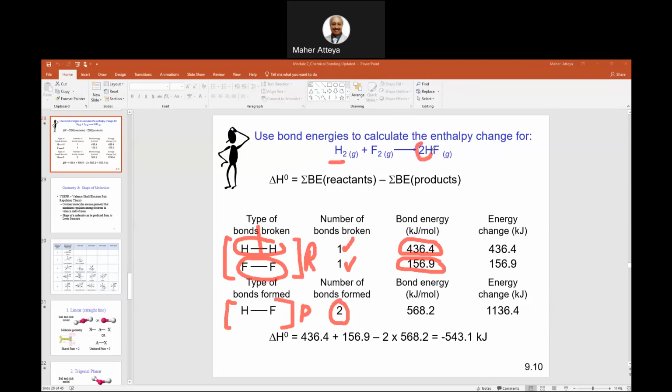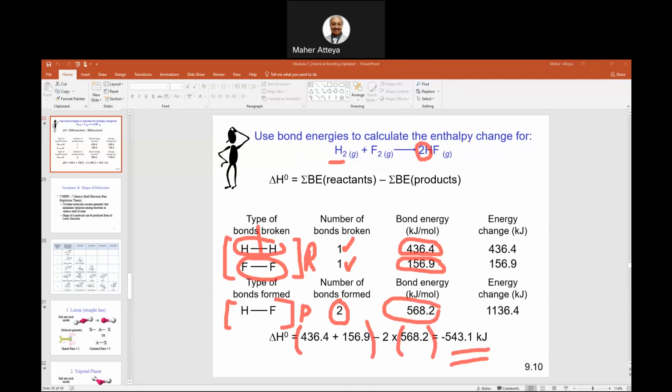So you multiply the energy of a single HF bond by 2. You add up the reactants, minus twice the product, because you have a 2 here. And this is now the answer.